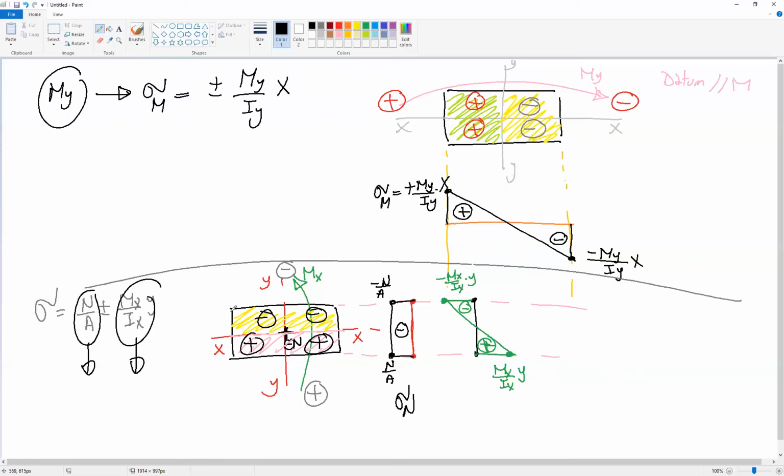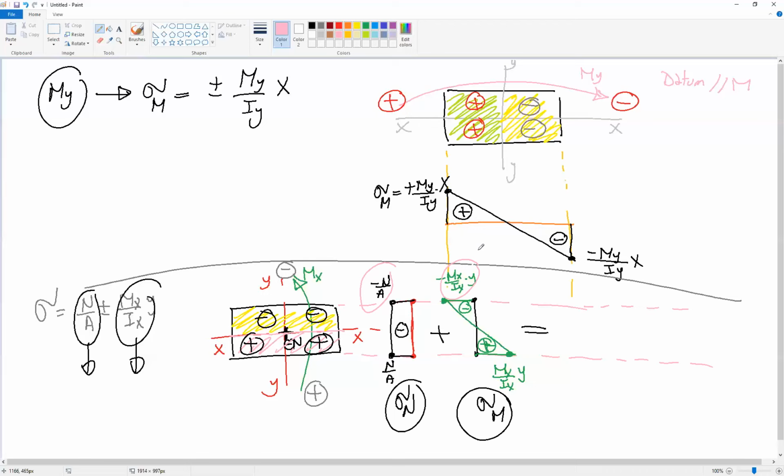Okay, now if we want to combine sigma n and sigma m, what will we have? If we want to make a combination between these two, it depends on the value of this and this value. Mathematically, we will have three options, or three probabilities.